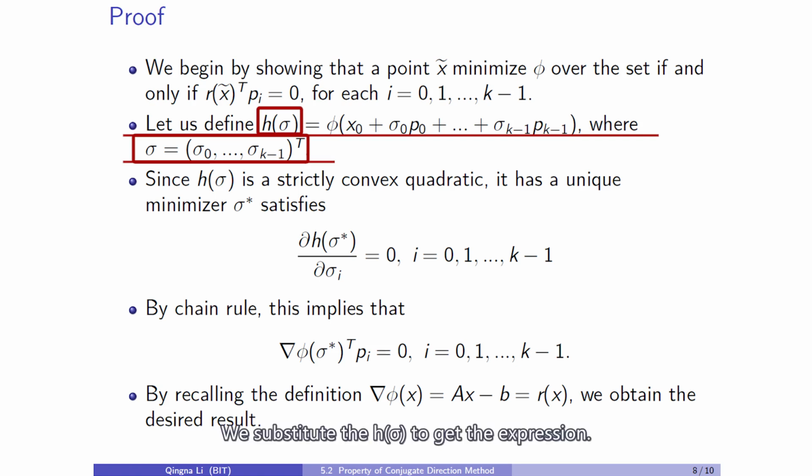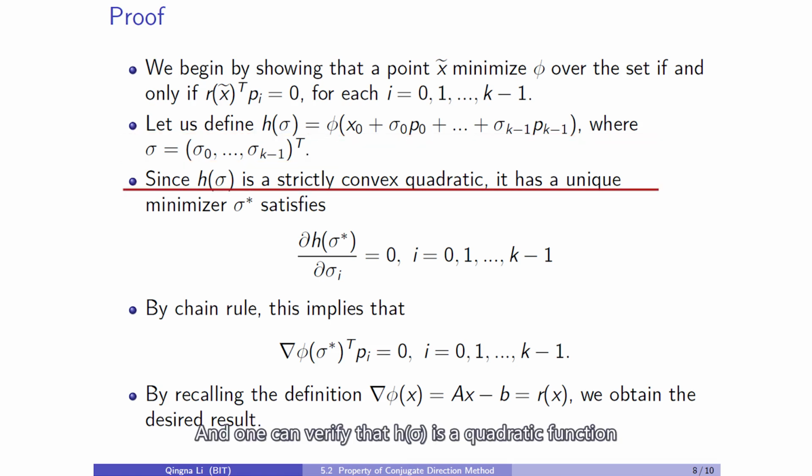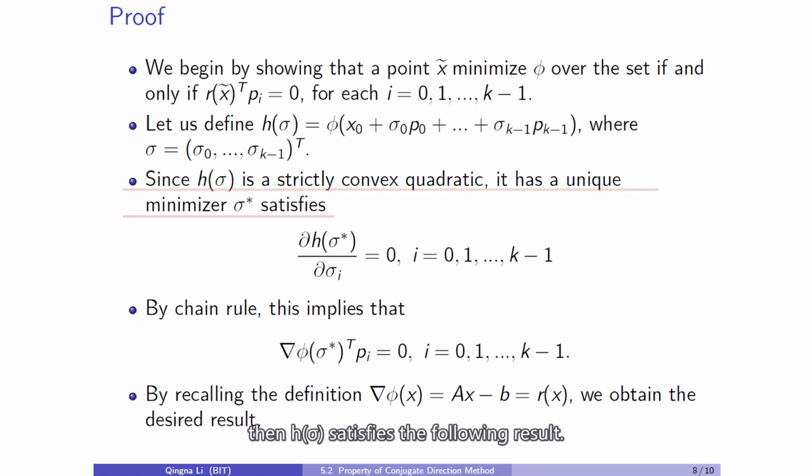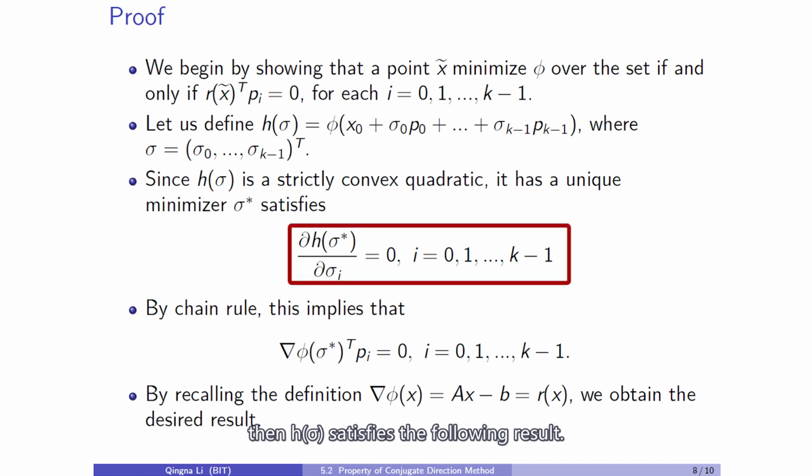Now we substitute to get the expression for h of sigma, and one can verify that h of sigma is a quadratic function with respect to the variable sigma. Therefore, if we want to find the minimizer of h of sigma, it satisfies the following result: the gradient of h with respect to sigma is 0.